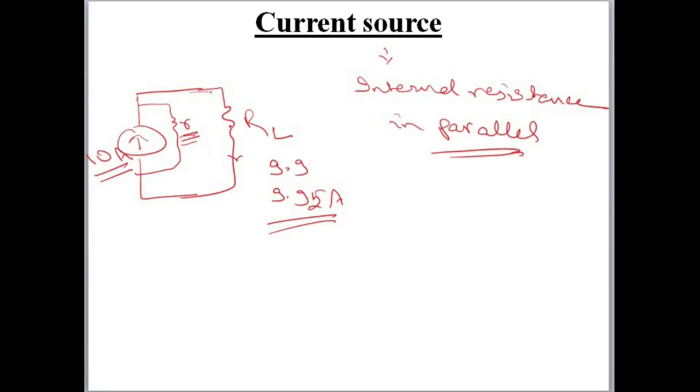Now what do we need? We need maximum current to flow in the load. We don't want any current to flow in this. So to reduce the current in this path, the internal resistance should be as high as possible.